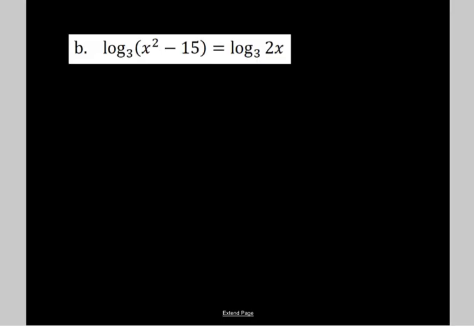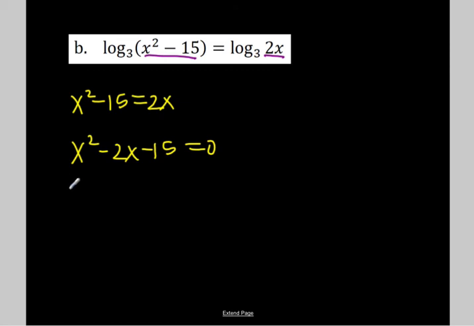Let's look at example B. Same idea here. Log base 3 of x squared minus 15, log base 3 of 2x. Since the other part's exactly the same, I can go ahead and set them equal to each other. So I have x squared minus 15 is equal to 2x. Then I'm going to move my 2x, so I'd have x squared minus 2x minus 15 is equal to 0.